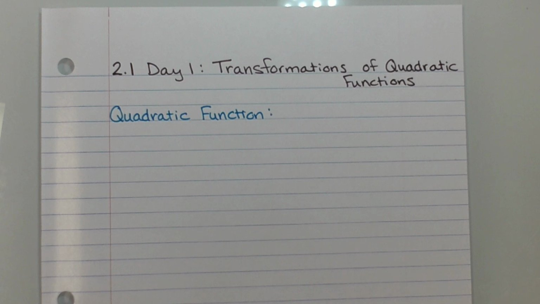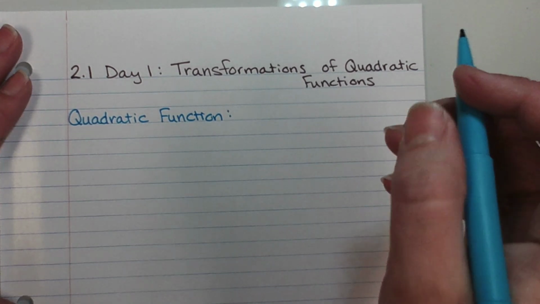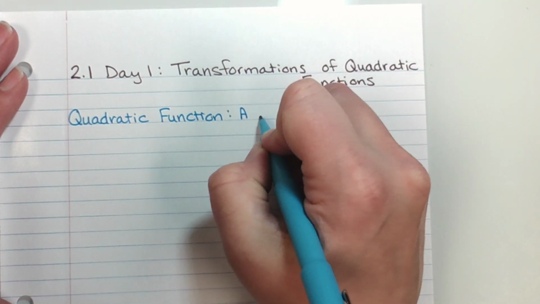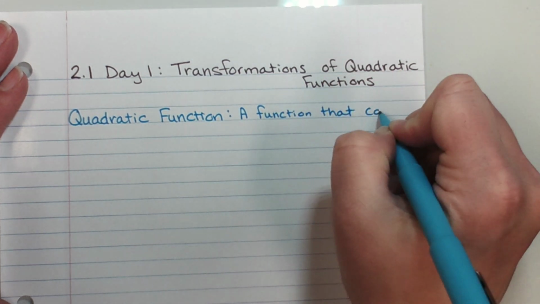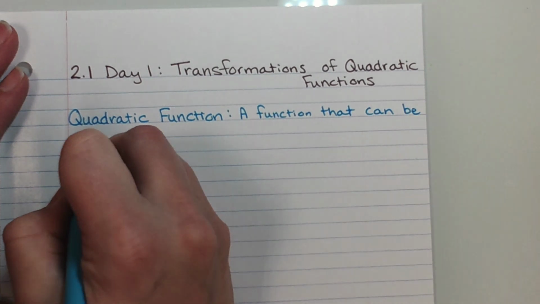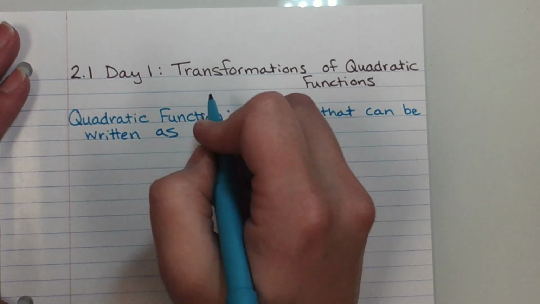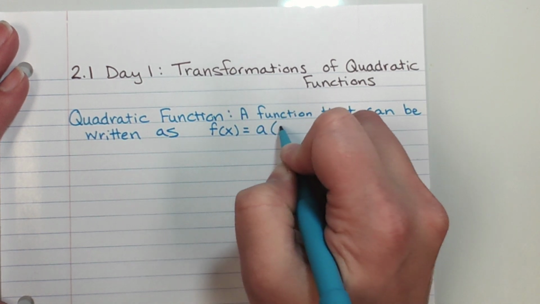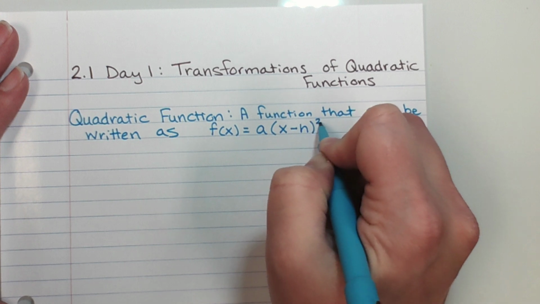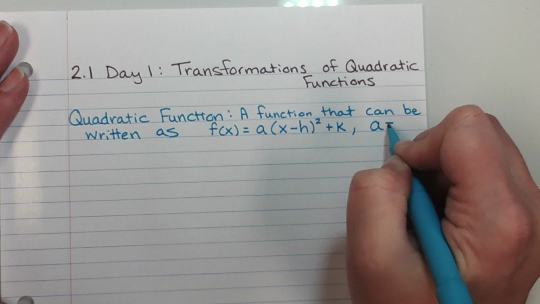A quadratic function, by definition, is a function that can be written as f of x is equal to a times quantity x minus h squared plus k, specifically where a is not equal to 0.